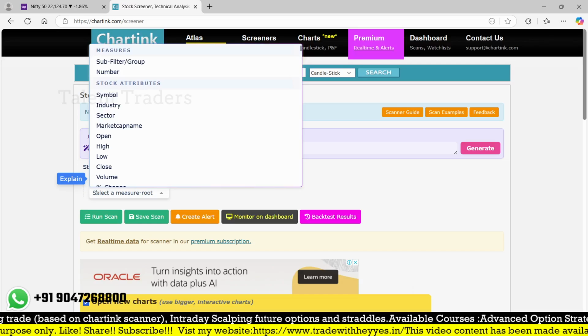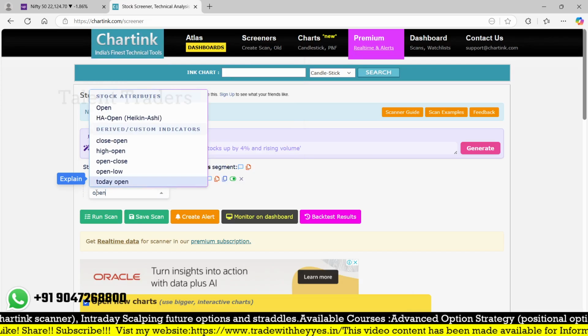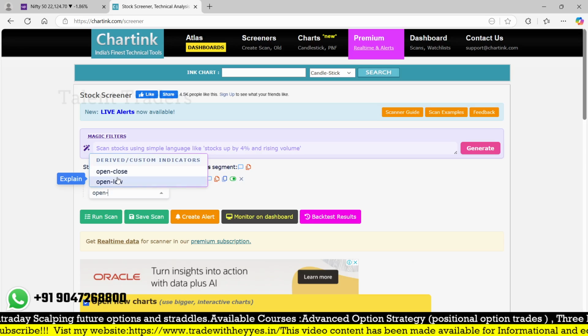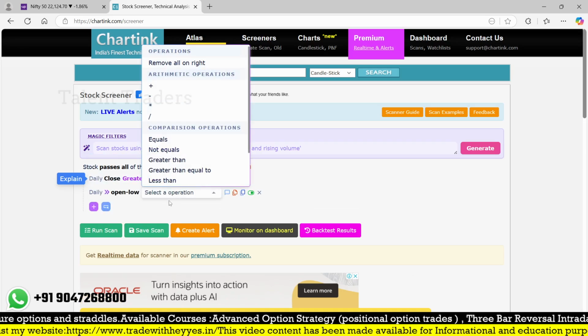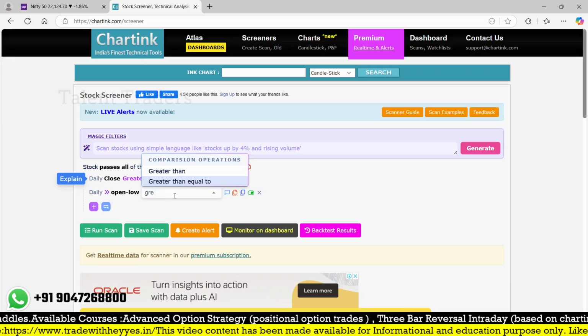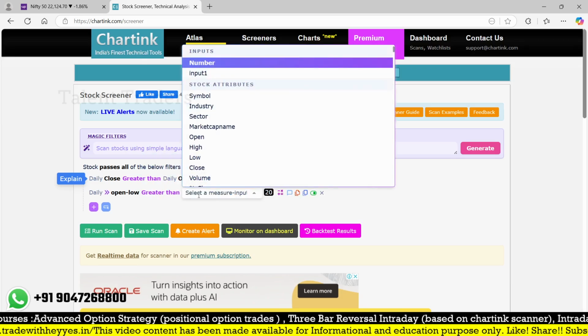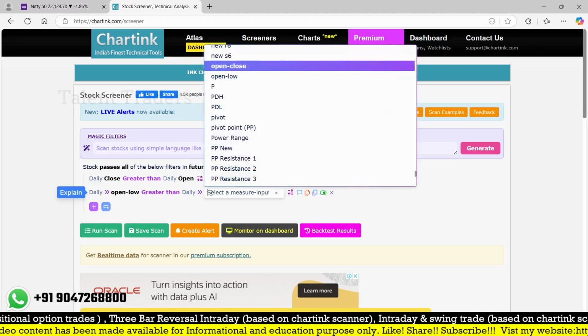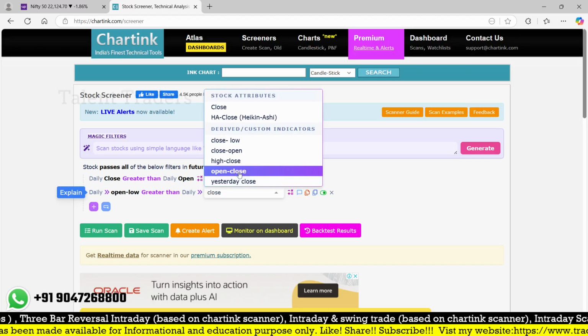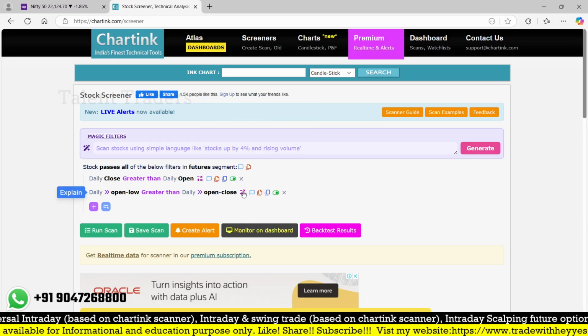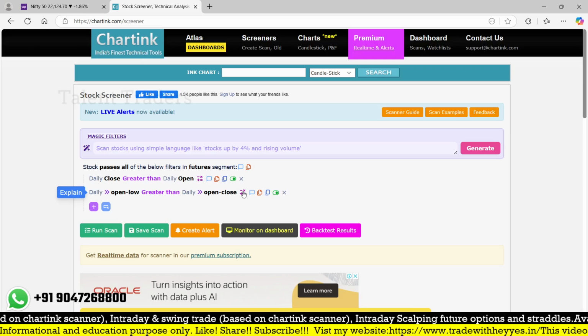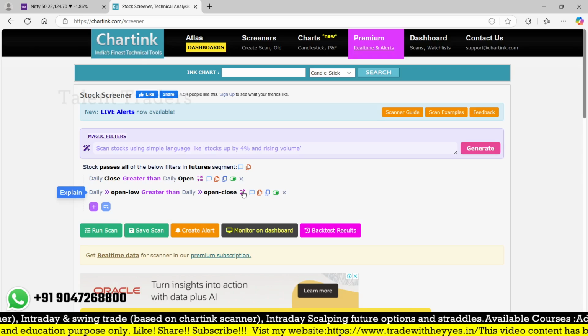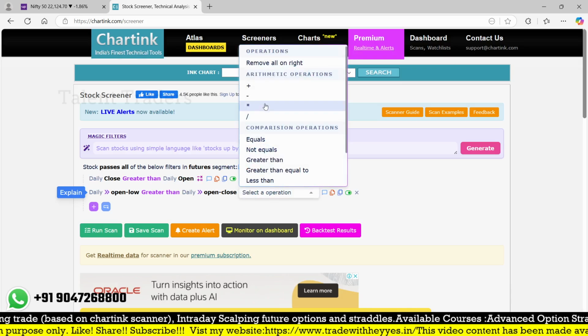And we are comparing the open and low, so today's open minus low must be greater than, sorry, it must be close minus open. These are custom ones I have already created, so I can use them, because in charting you can compare only two variables; if you add a third, it will not allow.